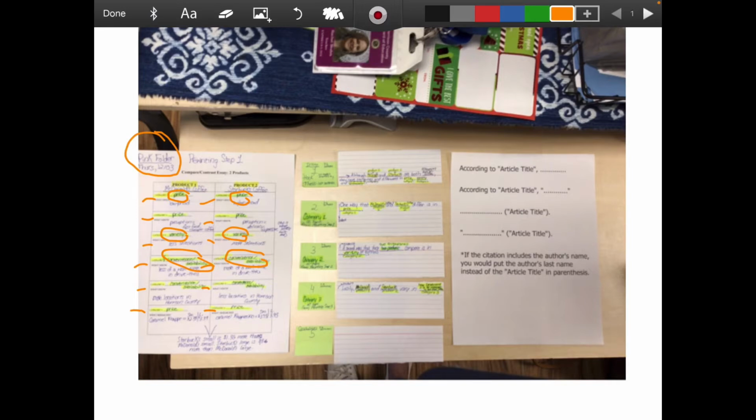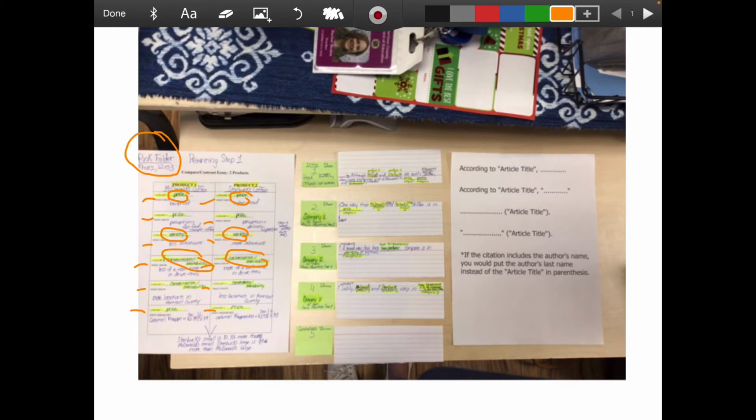Now, what I have in the middle is just a way to show you how this sheet helps you to do your actual paper. So if you take a screenshot of this worksheet, it's going to really help you to write the paper itself. Each number on these Post-its refers to the paragraphs of your essay.